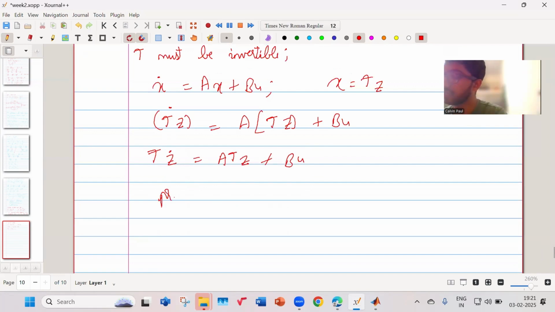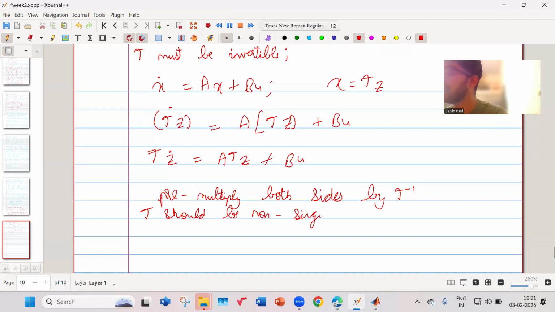We pre-multiply both sides by T inverse. That is why T should be non-singular, that means its inverse must exist. So T inverse into T gives z dot is equal to T inverse A T z plus T inverse B u.